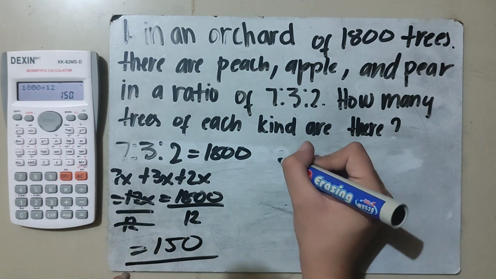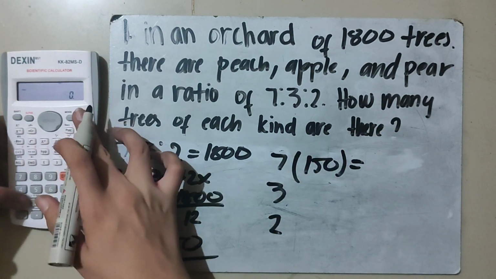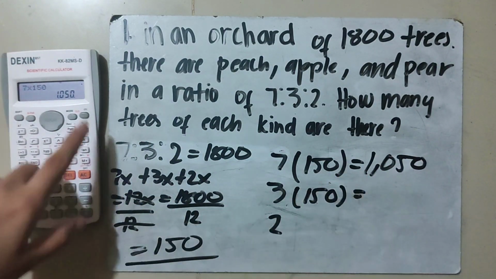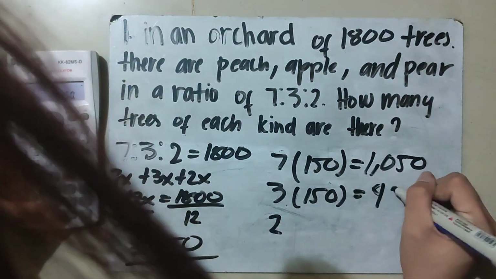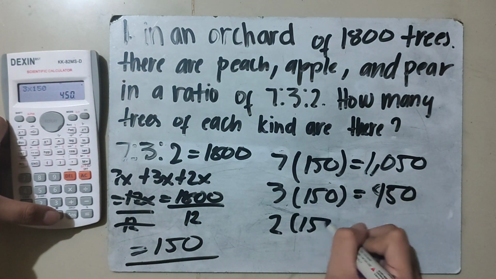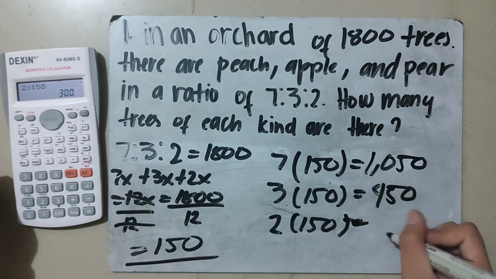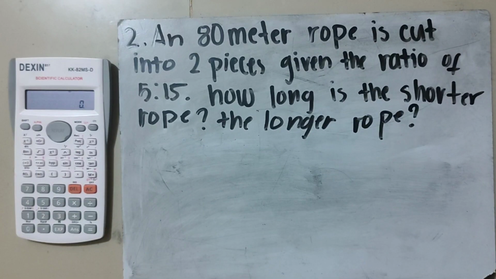Pero, hindi pa tapos yun. Kasi, yung answer natin dun sa 1,800 over 12, yes, 12, which is yung 150, ita-times siya sa ratio, which is yung 7:3:2, like this.